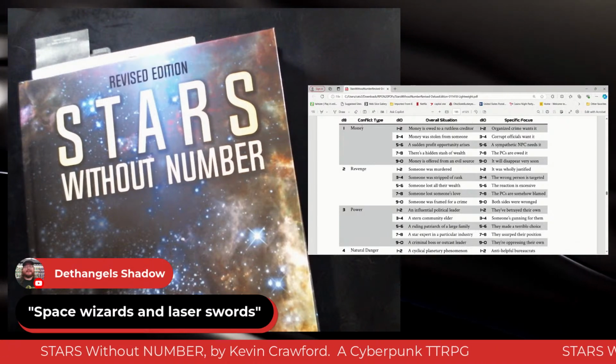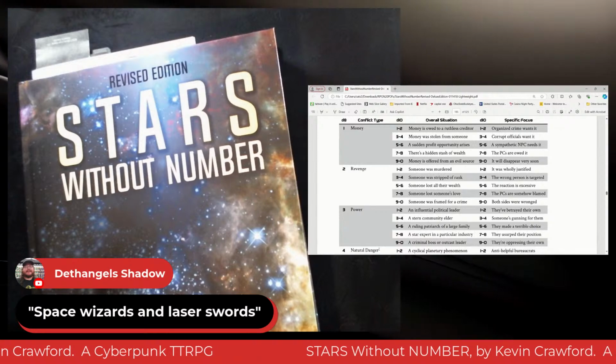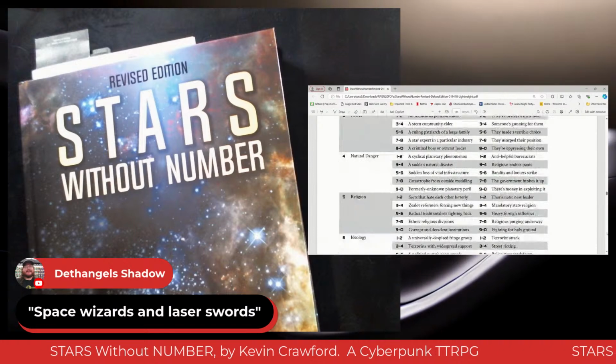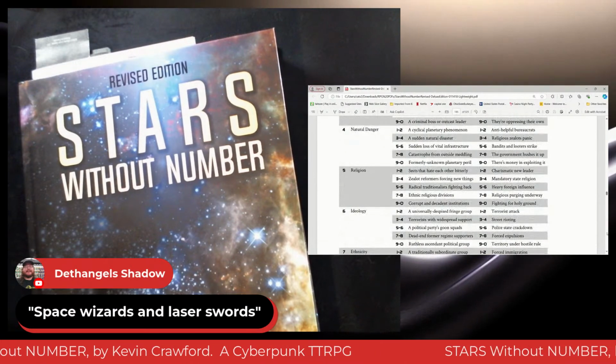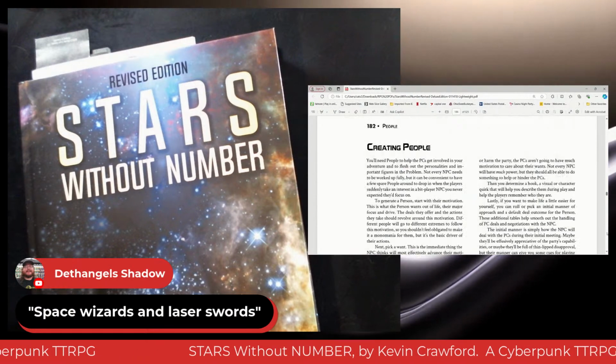For example, conflict type. Of course, you have conflict over money, revenge, power, natural dangers, things like that, and a whole lot of tables for religion, ideology, ethnicity, resources.